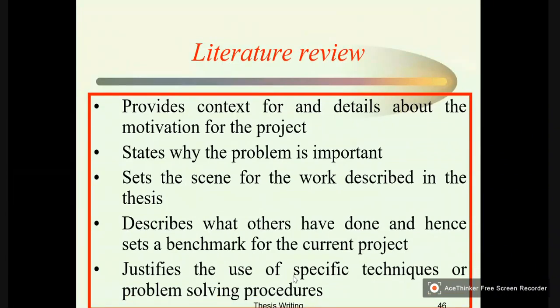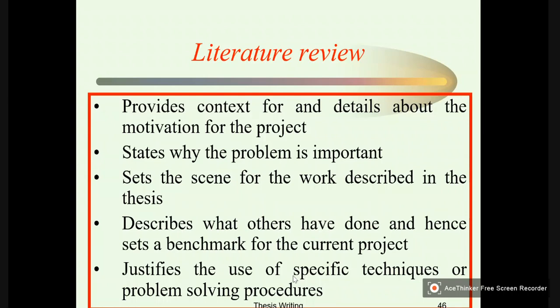So the literature review provides context for and details about the motivation for the project, and it states why the problem is important. When you complete your literature review, the person reading it should understand why the problem is important.